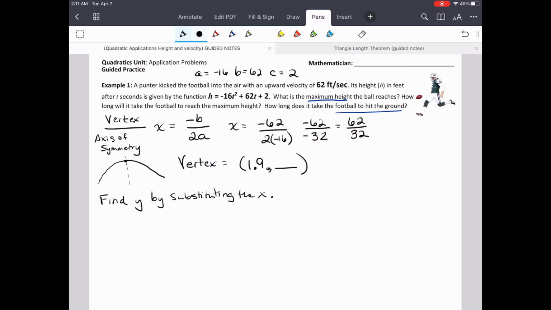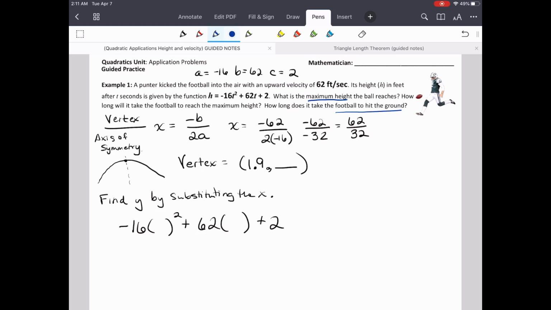So we're going to take that entire quadratic equation, which is negative 16, and then instead of writing t squared, I'm just going to write parentheses that are blank, squared, plus 62 times t plus 2. Now, if I'm confusing you here because I'm referring to it as the x, really we're finding the t. This is going to be our h.